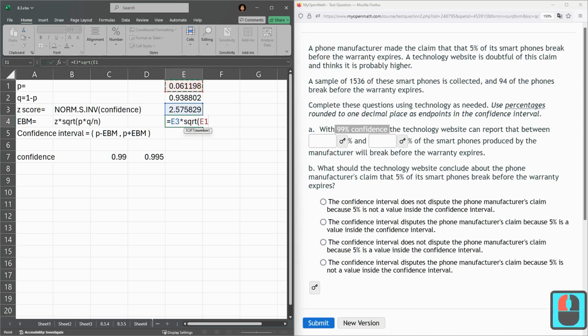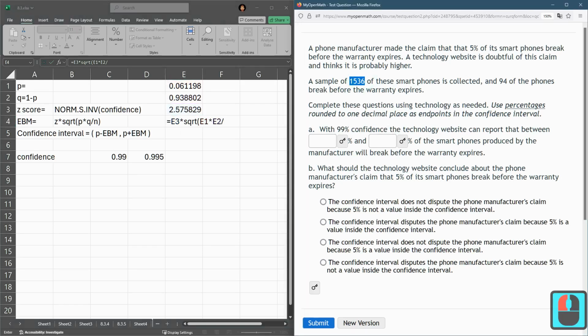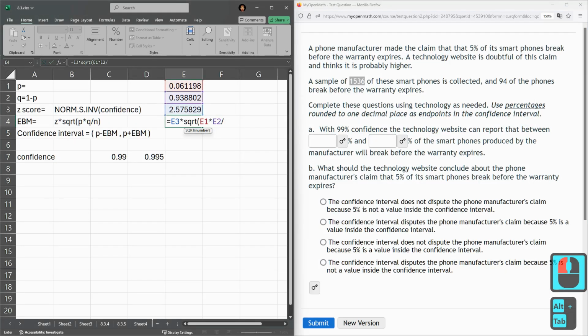So P is our first, Q is our second, divided by N. Now N is not a value I typed in earlier, but N is the number of things, which is 1536. So that number goes here. I could have written N as another cell, but I didn't do it, so I'm just typing the number in.